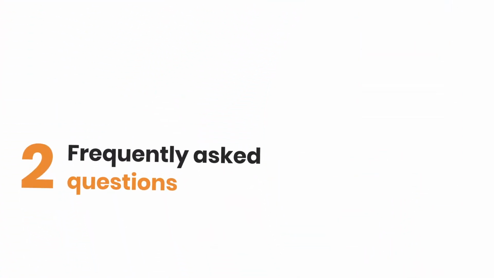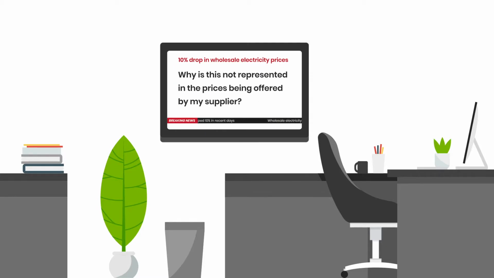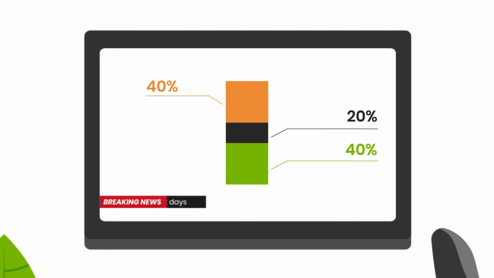As for the two questions we are frequently asked, the first is, I see in the news that wholesale electricity prices have dropped 10% in recent days. Why is this not represented in the prices I am being offered by my supplier? Well, as you've just heard, the energy cost only represents 40% of the total you pay.